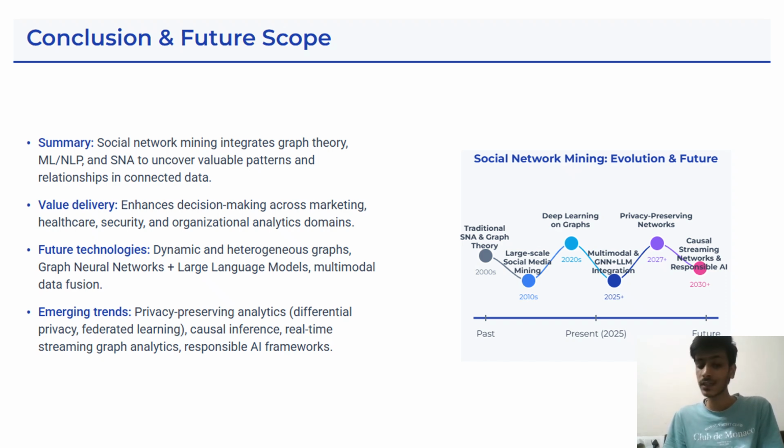The future of social network mining will focus on several exciting directions: integrating real-time network analysis using streaming data, improving algorithm transparency to combat bias, and enhancing the data privacy framework to ensure ethical use.